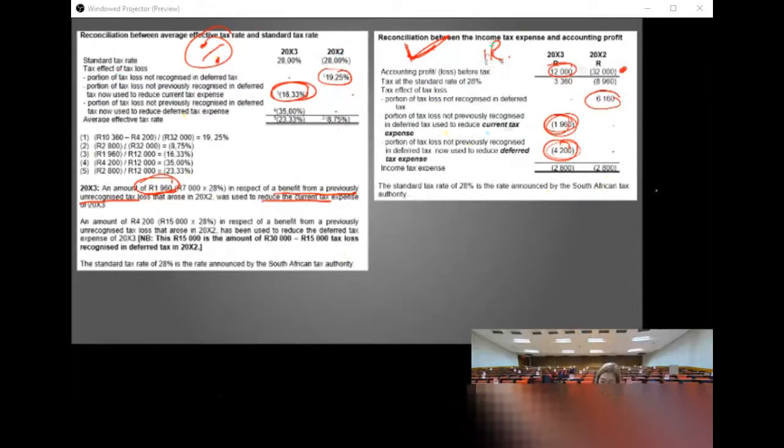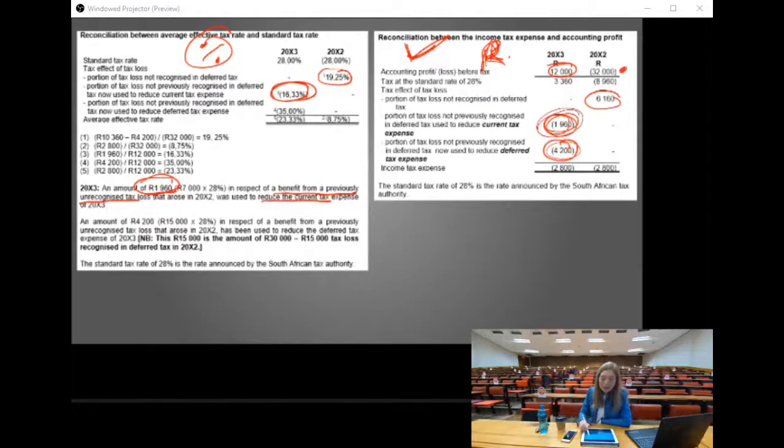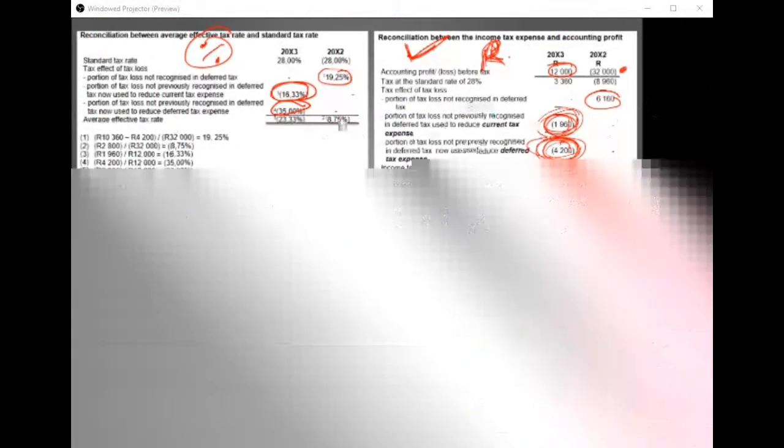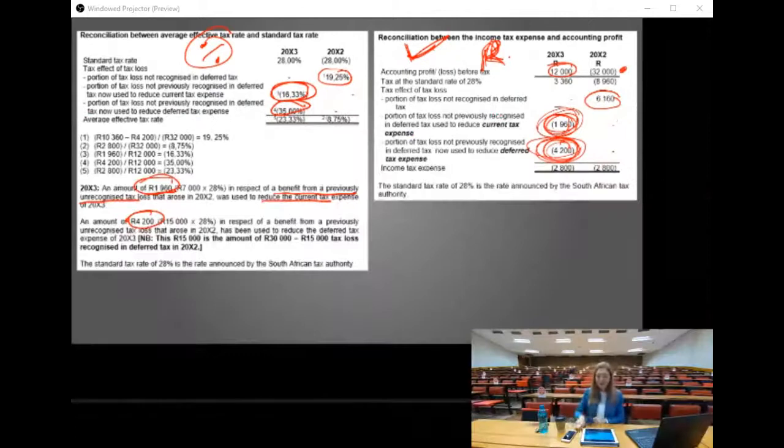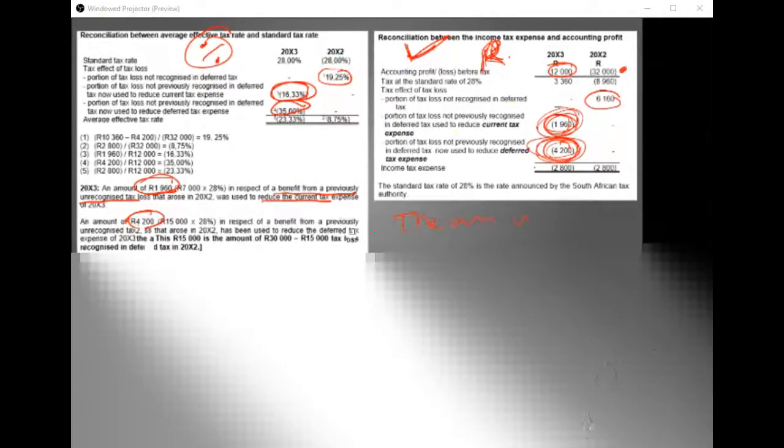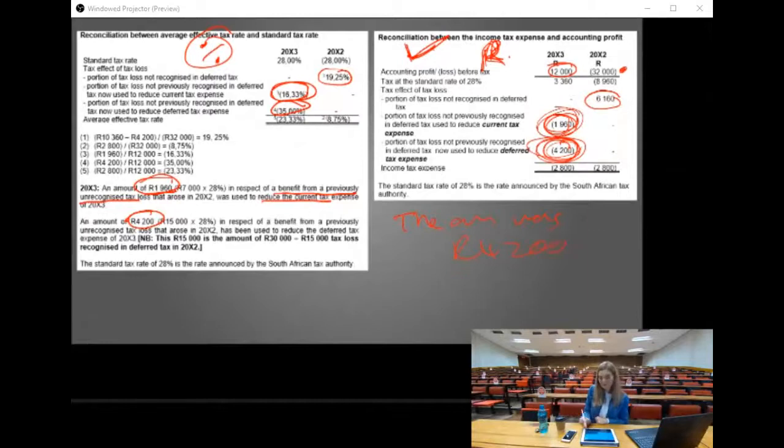Whereas if we do the rand format of the reconciliation, they can already see the rand value, so we don't have to tell them anything. And again, 4,200, we have to give the amount, but in this recon we actually do give the amount, so you don't have to again have a sentence to say the amount was 4,200. Good.